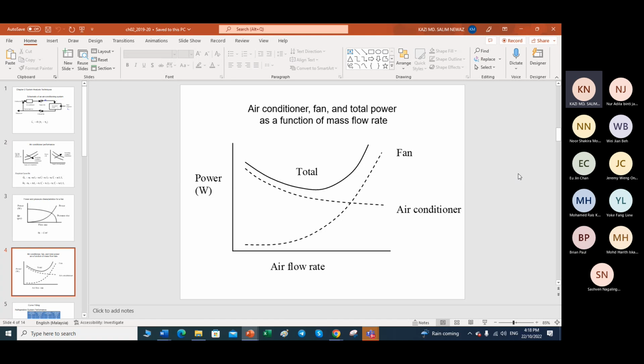The fan power gradually increases with the flow rate, and the air conditioning power decreases with the dropping of the temperature. So where should the optimization point be? There's scope to get the optimum total power consumption, so that we can find the total power, and then we have to consider the operating range.